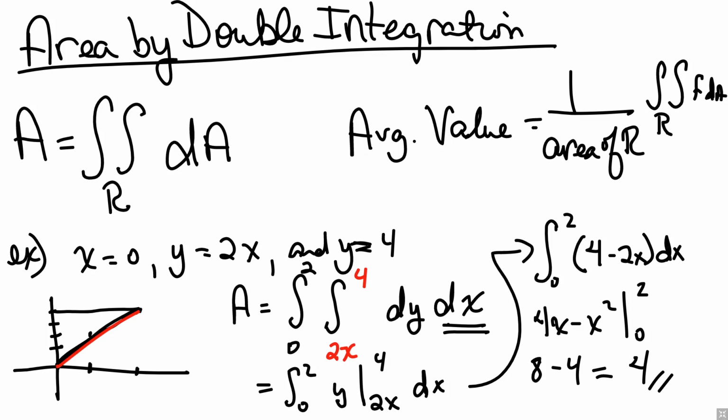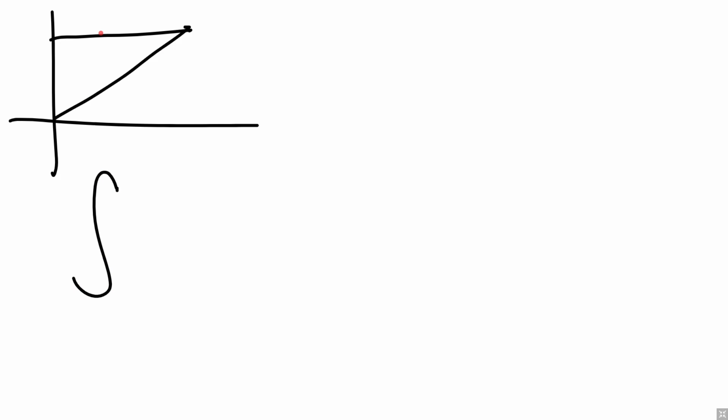Now, yes, we could find the area of this with a single integral and it wouldn't be any problem. Let me switch pages real quick. If we did it in terms of a single integral, we would do a vertical cut, so we integrate with respect to x, and it's the top function minus the bottom.